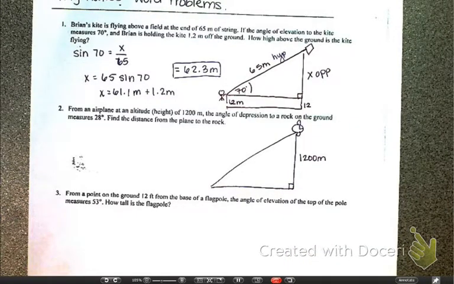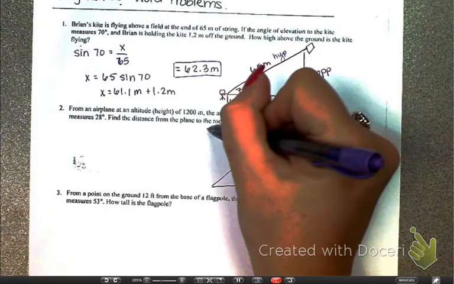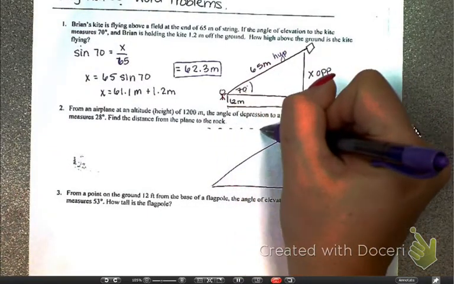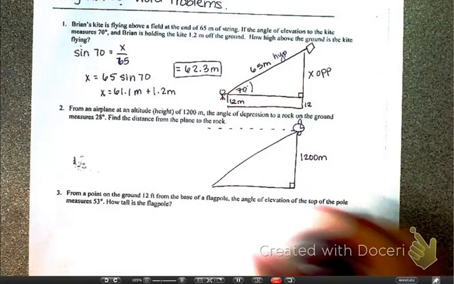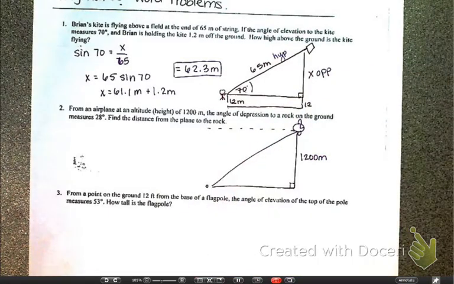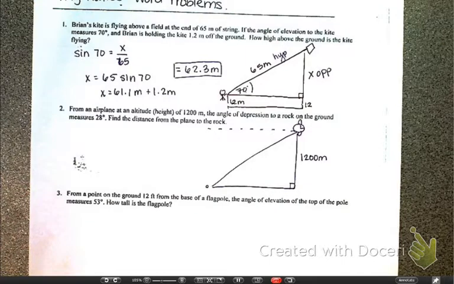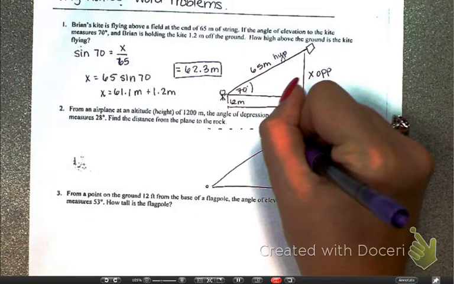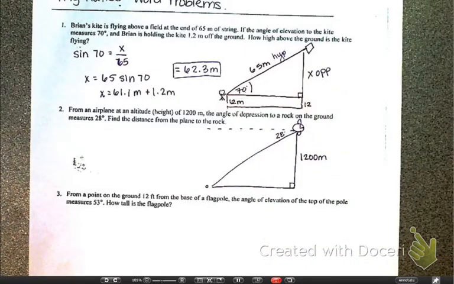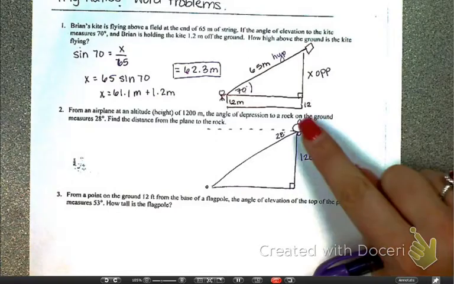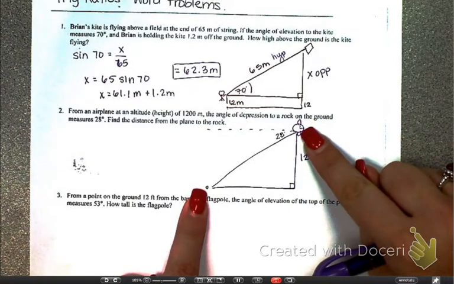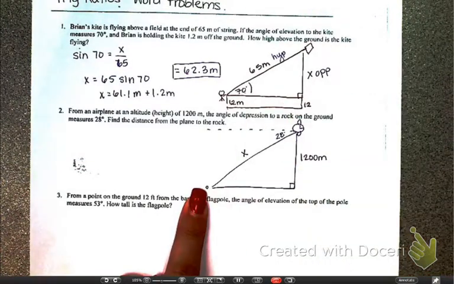The angle of depression. Remember, the angle of depression is outside of the triangle, and it's looking at a rock. The angle of depression is 28 degrees. Find the distance from the plane to the rock. Here's the plane, here's the rock, here's the distance I'm looking for.